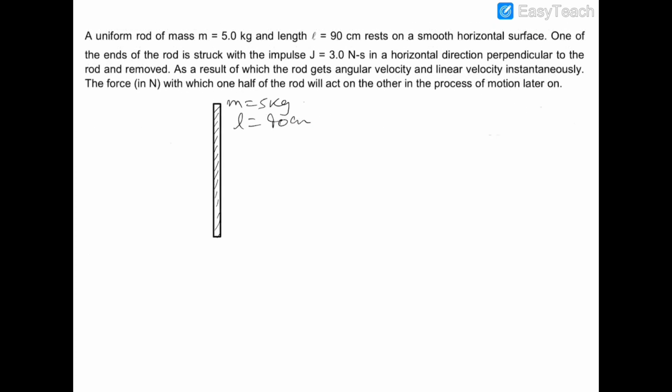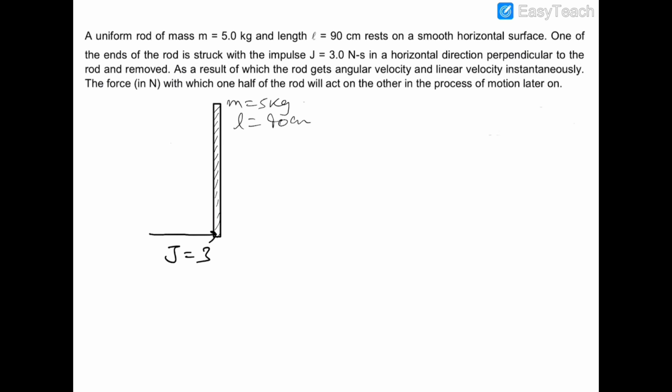In this question, there is a rod which is kept on a frictionless horizontal surface. Its mass is 5 kg and its length is 90 centimeters. Now this rod is being struck by an impulse on one of its ends, and the value of impulse is 3 Newton second. This impulse is in the horizontal direction, perpendicular to the rod, and is removed after one-time application.